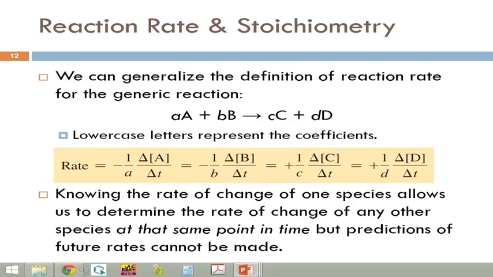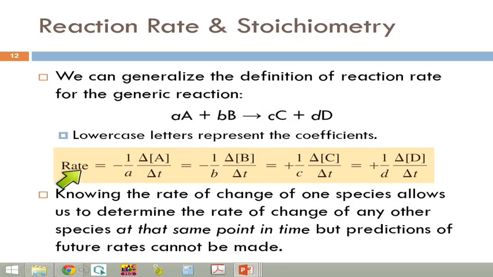So let's look at this in more generic terms. We had our one example reaction there with the hydrogen and the iodine. Here we're going to use letters: we have A and B reacting to form C and D. And these lowercase letters are representing the coefficients in front of those chemicals. Then we can generalize rate equations.